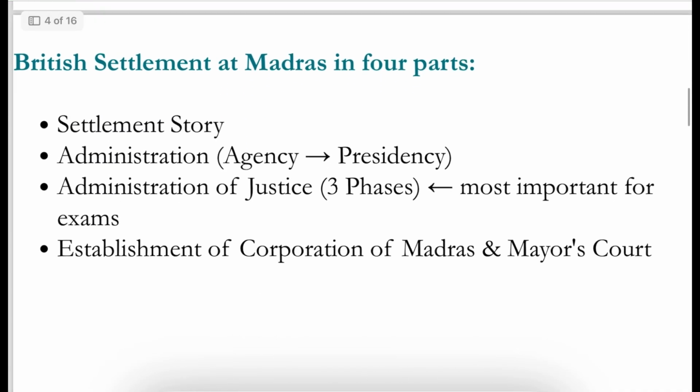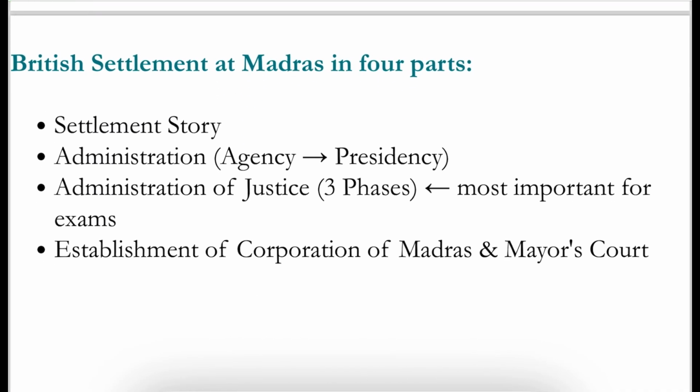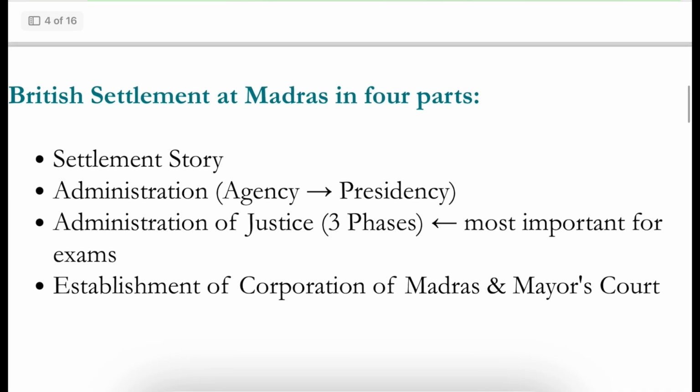Now, let's get right into the topic of today. We will study this British settlement at Madras in four parts, alright? The first part is the settlement story, how the British actually arrived and set up at Madras. The second part is the administration, how the settlement was governed.